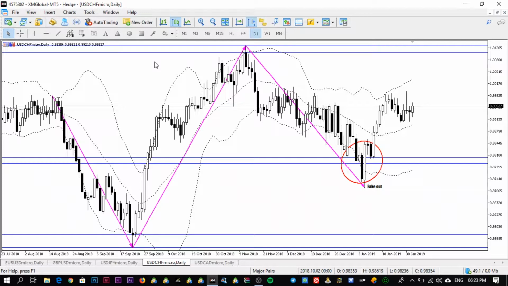So this is what I'm referring to every time I say fake out at our level of support or resistance. And with regards to forecasting my take profits and my stop losses, what I like to follow is a risk reward ratio starting at 1:1 and forecasting as far as 1:2. What I believe is that you have to make what you can make from the markets. Don't be too greedy.